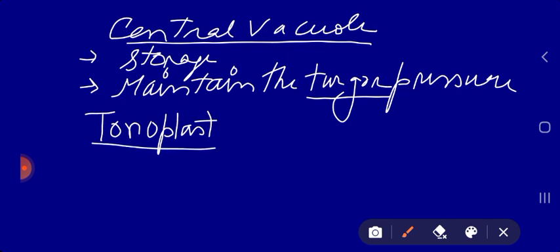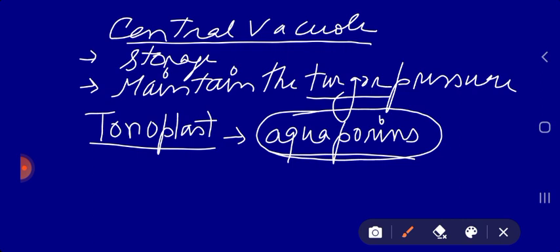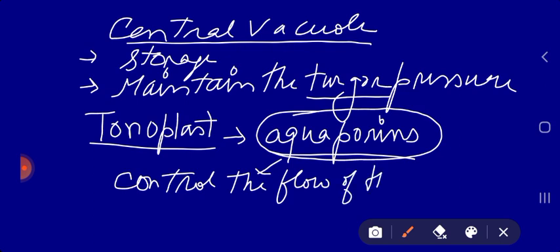So the proteins found within the tonoplast, such as aquaporins, control the flow of water into and out of the vacuole through the help of active transport, and they also pump potassium ions into and out of the vacuolar interior in this process.